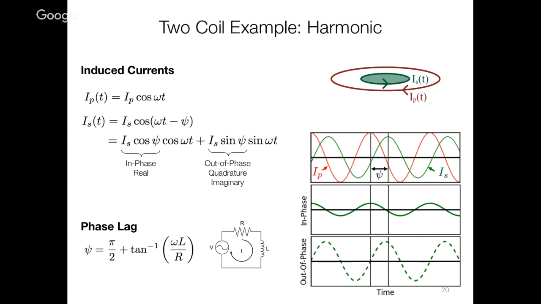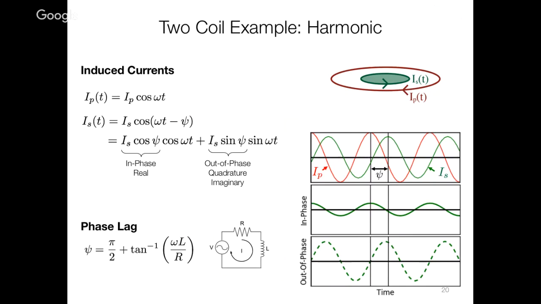So if you imagine the primary field is going like that, then there could be something else that's going in phase with it, right? But there could also be another part that's kind of out of phase. The primary is going like this, right? And the other part's kind of going out of phase. So that's this.